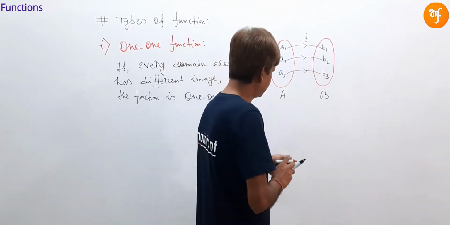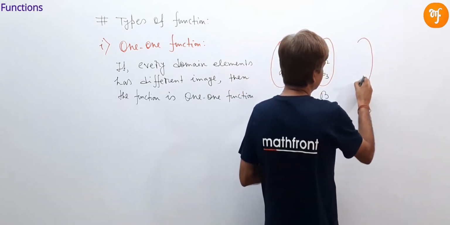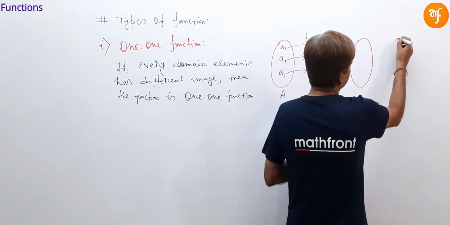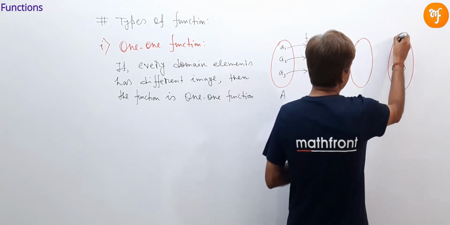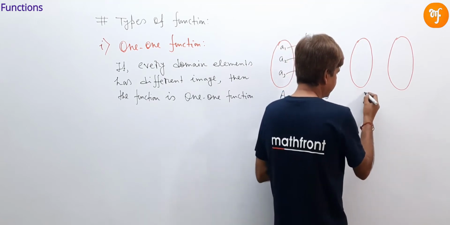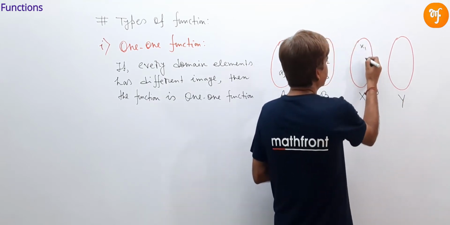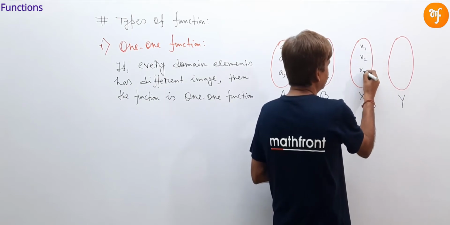Consider another example. This is X and this is Y. Elements of X are x1, x2, x3.